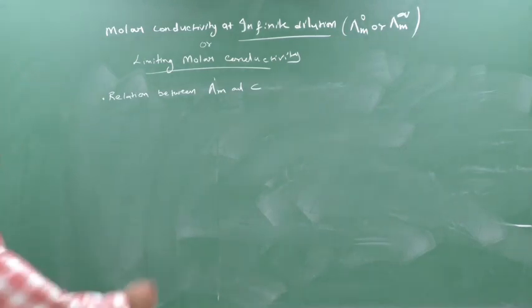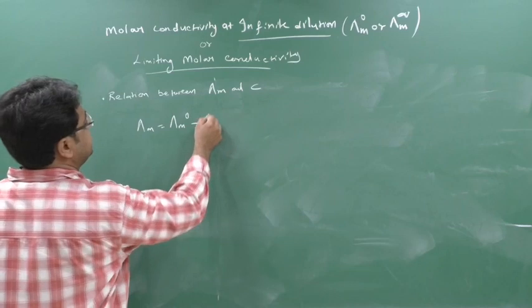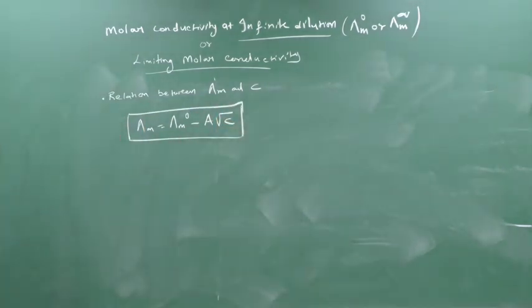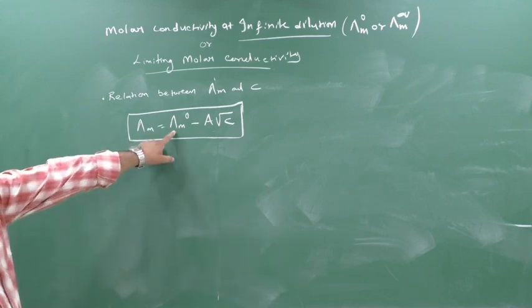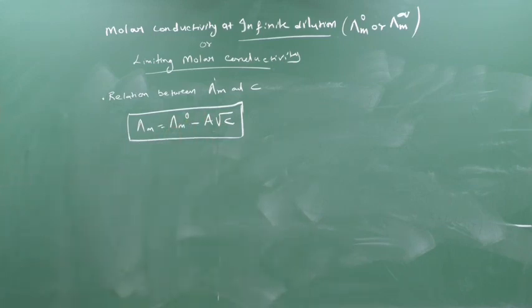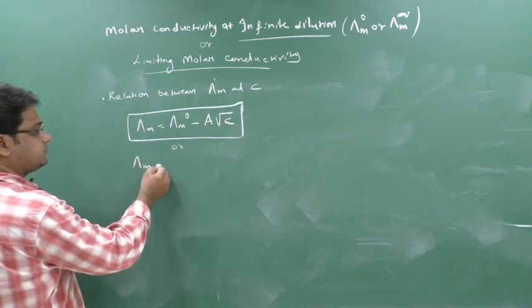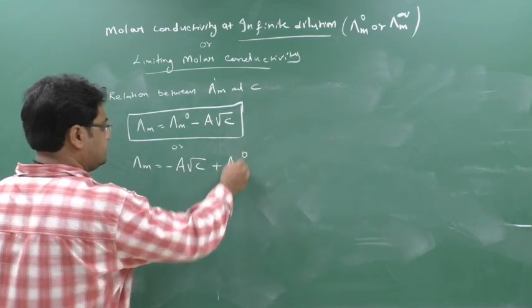Clear? So the equation is lambda m equal to lambda m naught minus a root C. This is the relation given for the molar conductance, the molar conductance at infinite dilution and concentration C. Clear? So I can write this equation as minus a root C plus lambda m naught.